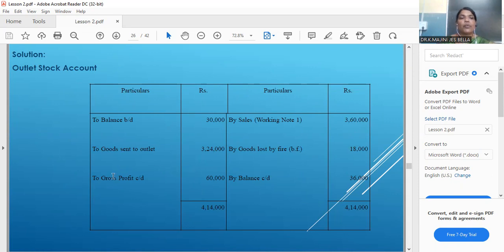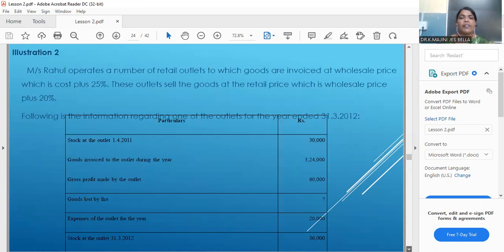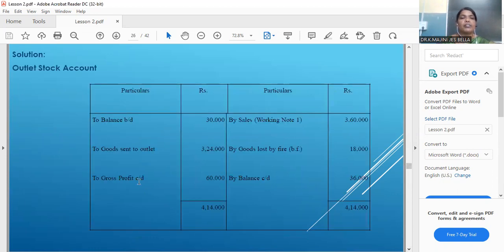Gross profit they have given in the question, so directly we can write the gross profit. See here, gross profit 60,000, right? So you can write to gross profit c/d 60,000. Then sales also we have calculated, 3,60,000.